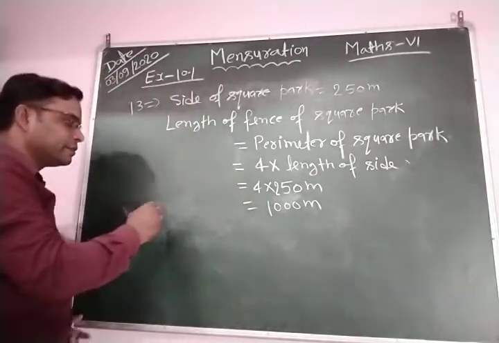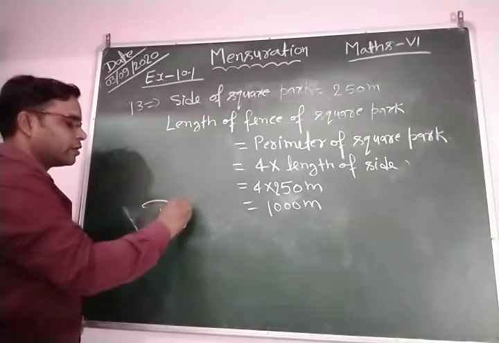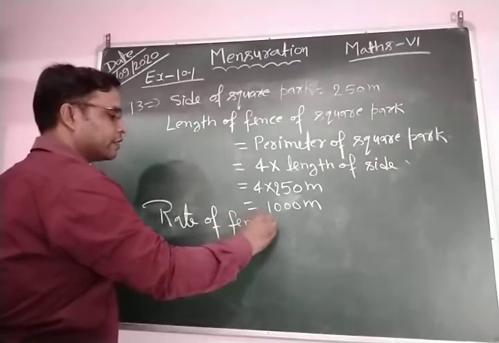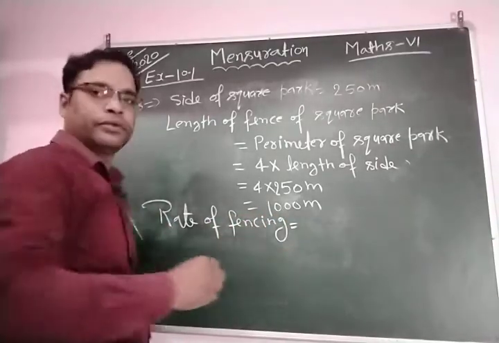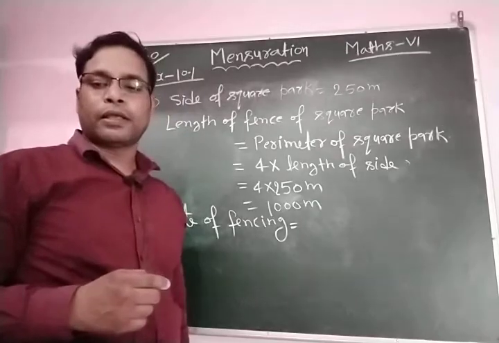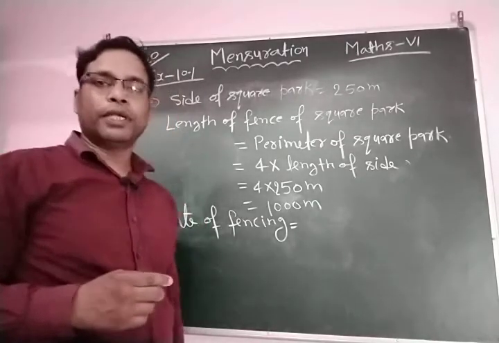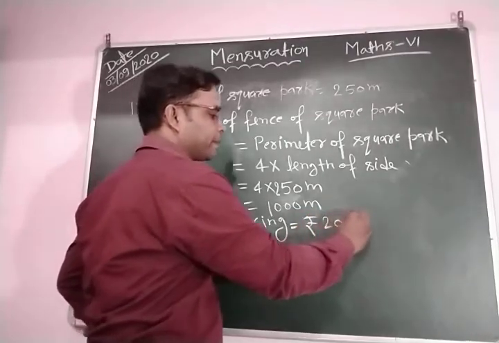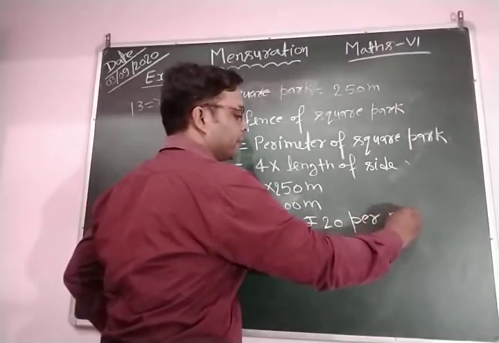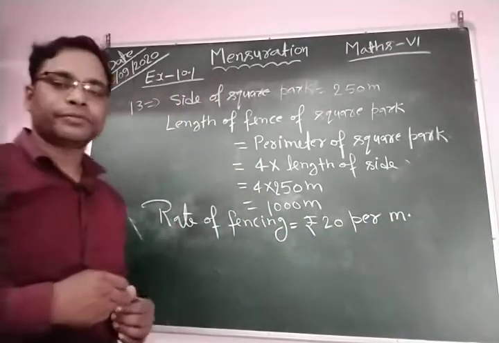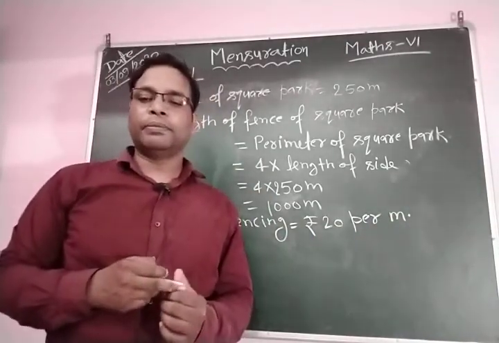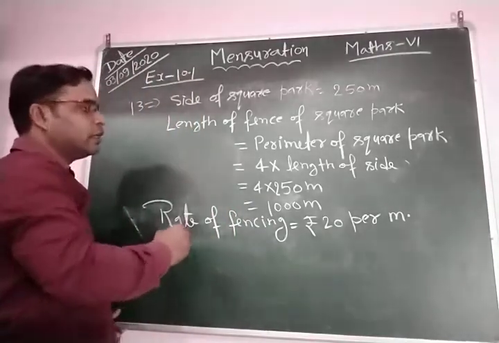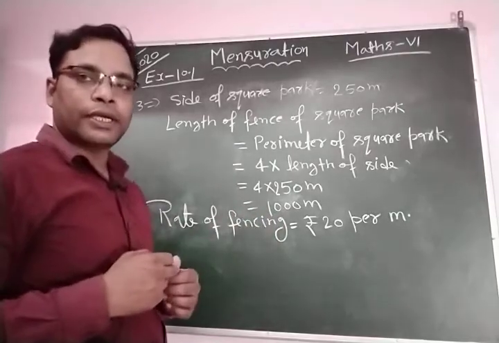Now, the rate of fencing is given. What is the rate of fencing? The rate of fencing is equal to rupees 20 per meter. This is given. Now we need to find the cost of fencing of the square park. So the cost of fencing is equal to perimeter into rate of fencing.